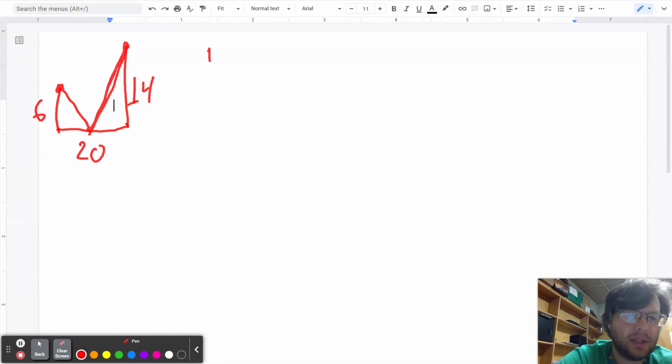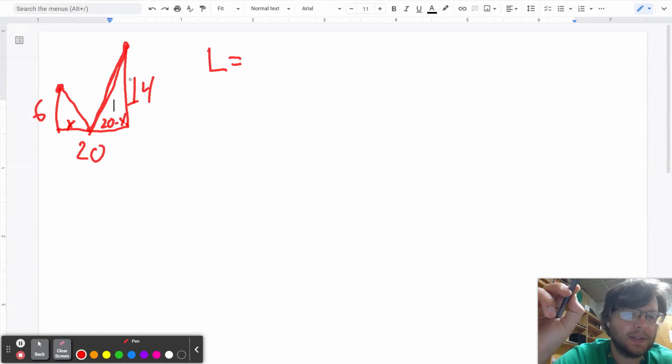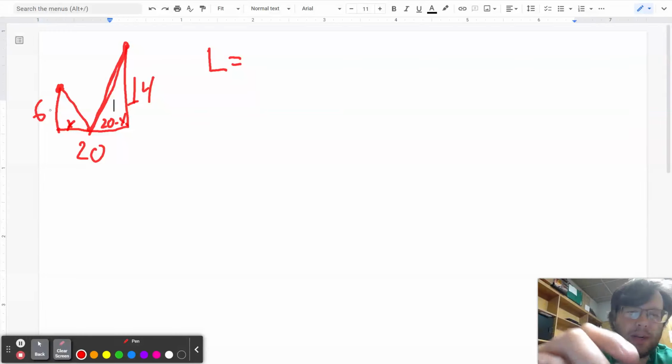So when I think about the length of the wire, I can see that it comes from two different right triangles. And so we have here an unknown length, x, and here the remainder, 20 minus x. So what we're going to do is set up our right triangles and then find the minimum length.